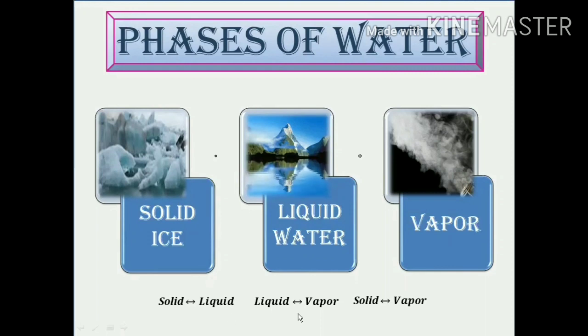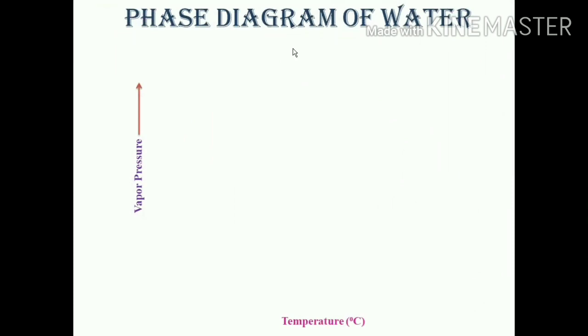The second equilibrium that can exist is liquid vapor equilibrium, and the third one is solid vapor equilibrium. So there are three different equilibria that can exist in case of water because it has three different phases. Let's move on to the next topic, that is the phase diagram of water.